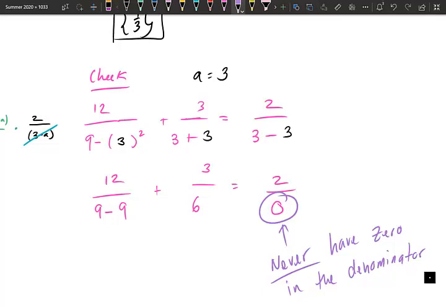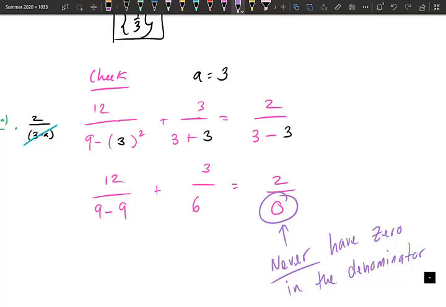Mathematically, what happens when the universe divides by 0? You get a black hole. I'm not kidding. Look it up: divide by 0, black hole. That is literally what's happening. So that's why it's impossible. Something really bad happens to the universe.